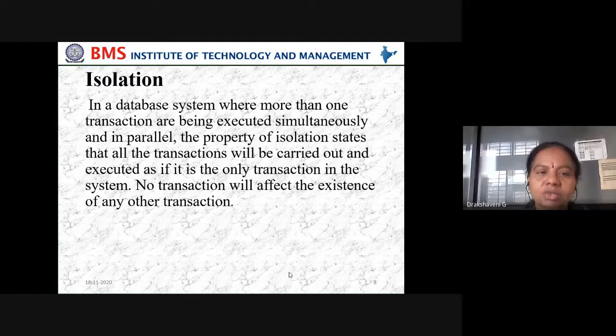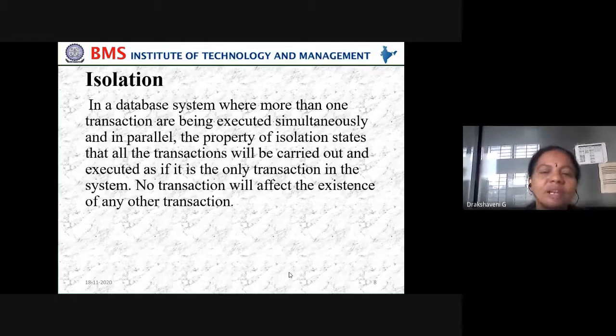In a database system where more than one transaction is being executed simultaneously and in parallel, the property of isolation states that all the transactions will be carried out and executed as if each is the only transaction in the system.